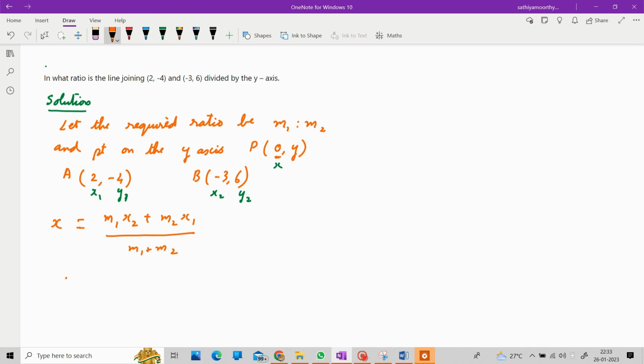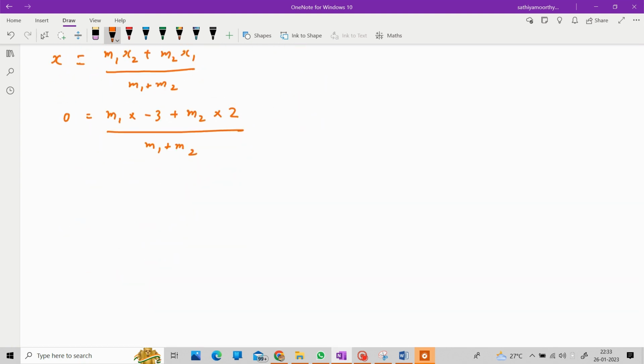So let me substitute all the values in the section formula. X is equal to 0. m1 I need to find out, let me keep as it is, into x2 which is minus 3, plus m2, which we have to find out, I'm keeping it as it is, x1 is 2, divided by m1 plus m2. Now if I take m1 plus m2 to the other side, it becomes 0.